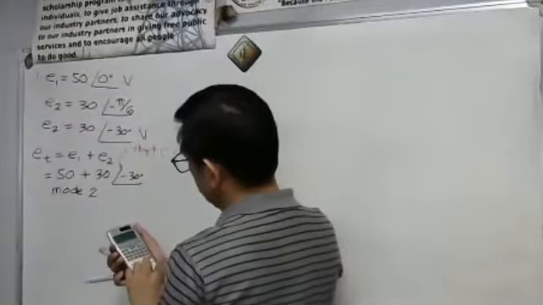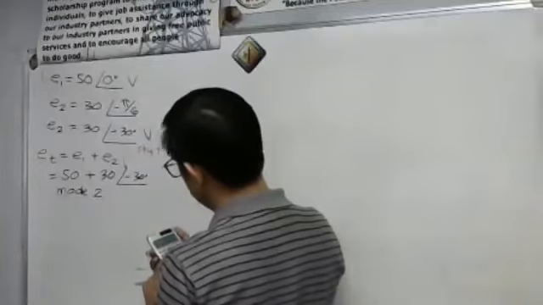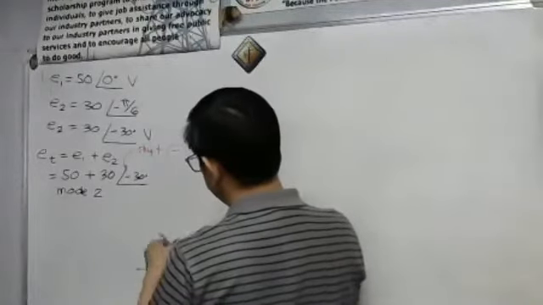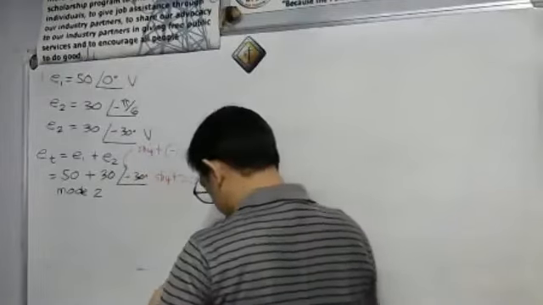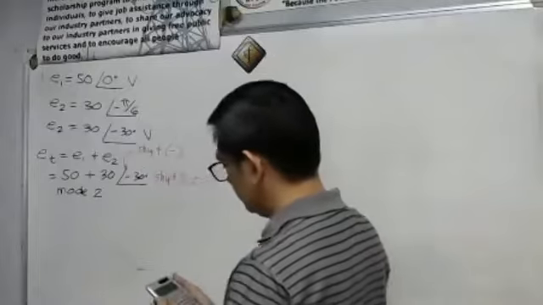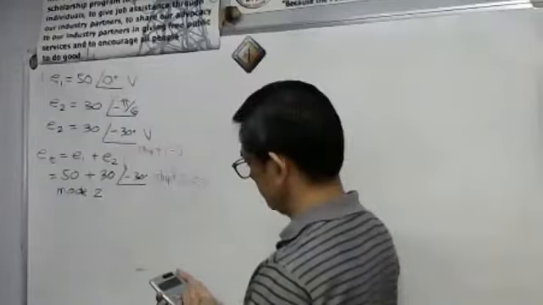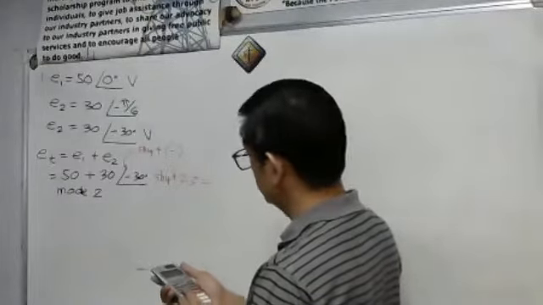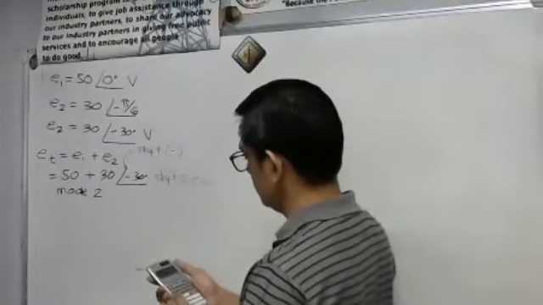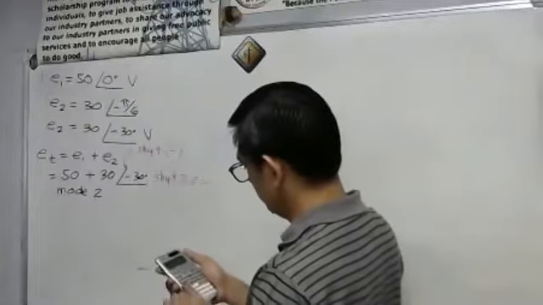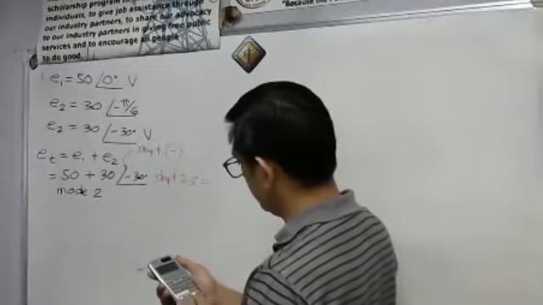Okay, so we have here equals. Then you press now shift, 2, 3 equals. Okay, you press now shift, 2, 3. Okay, again, press mode 2. We have 50 plus 30. Okay, shift and then negative. That's negative 30 degrees. Then you press now equals.